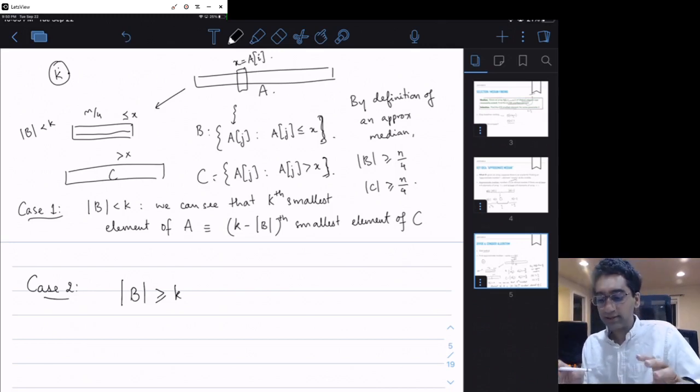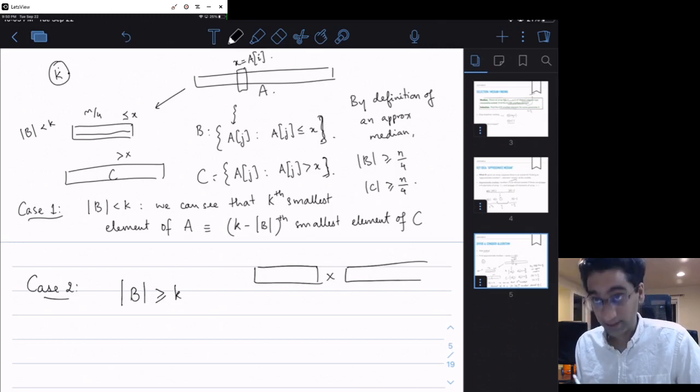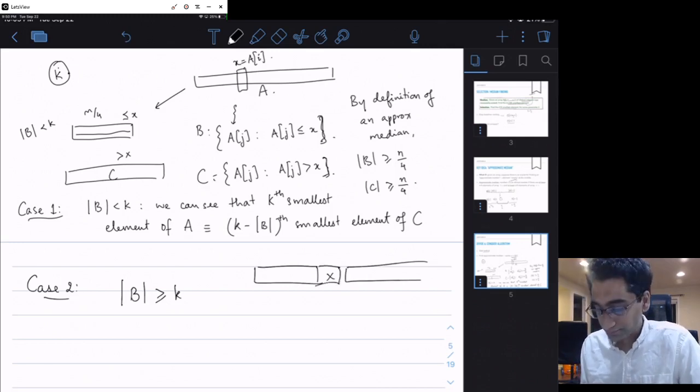If you imagine A being sorted, then there's all the elements of B that show up on the left, and then there is x, and then there's all the elements of C. And by our definition, x also belongs to B.